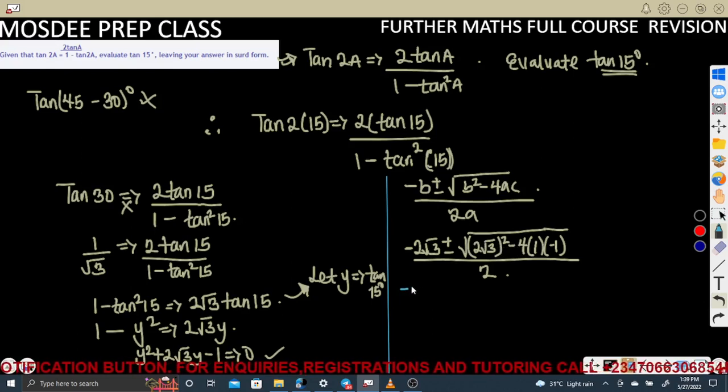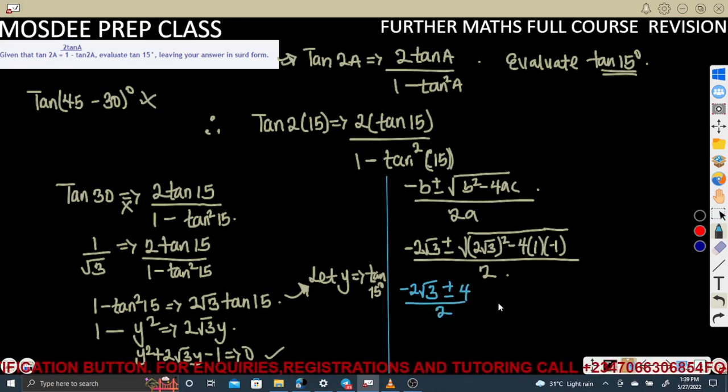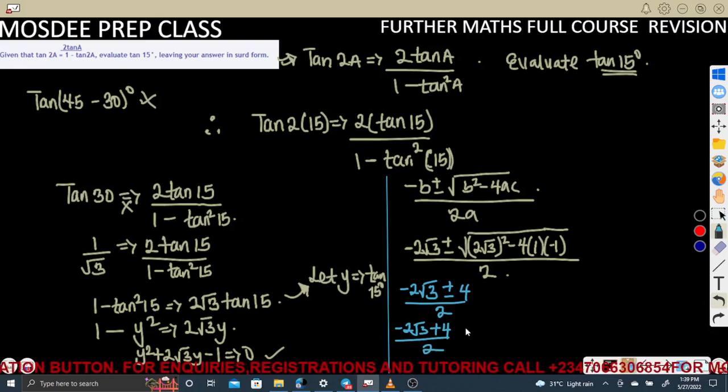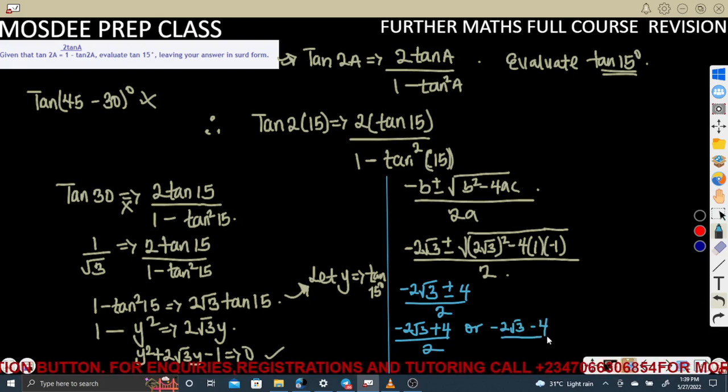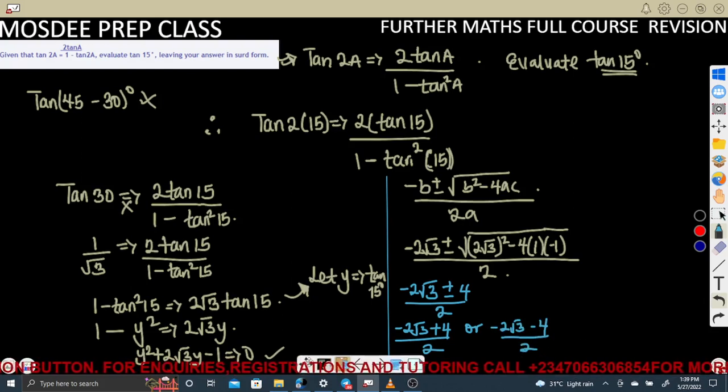So I'm going to have minus 2 root 3 plus or minus 4 over 2. If I simplify, it is minus 2 root 3 plus 4 over 2, or minus 2 root 3 minus 4 over 2. I hope students understand that, and students can simplify. Simplifying this, you can see 2 is common, so you can factorize out 2.